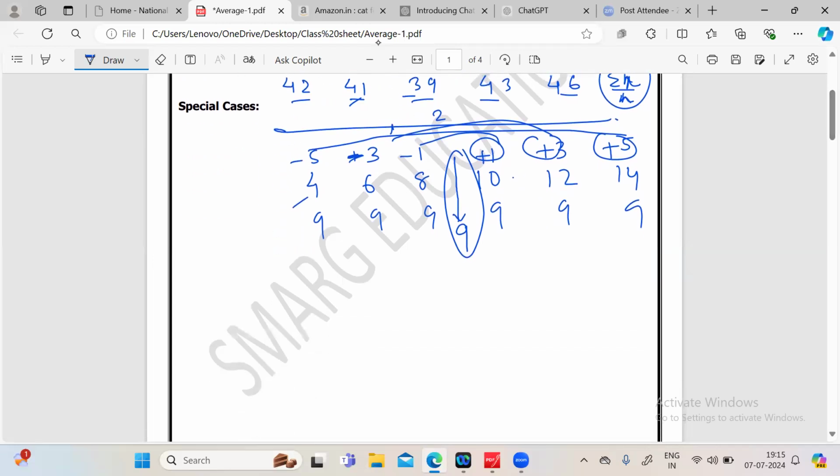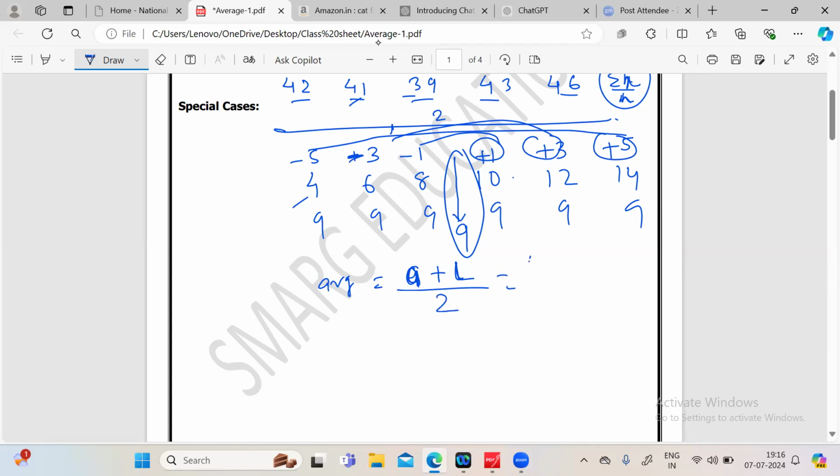So for any series which is in AP, the average will be (A + L) divided by 2, the first number plus the last number. You'll know these in detail in the chapter of arithmetic progression, but right now just remember that A represents the first number, L represents the last number, divided by 2.